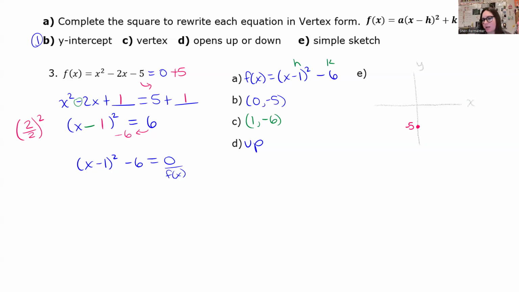So over 1 and then down 6. And now I'm ready to graph. I know they're always going to look like a U. I usually draw it in 2 different pieces.